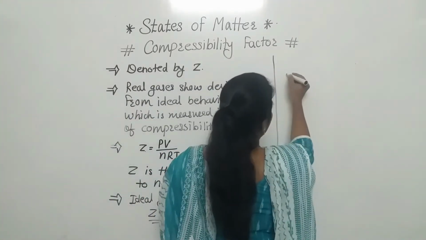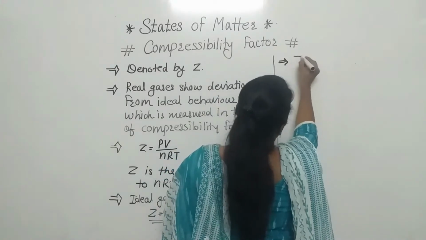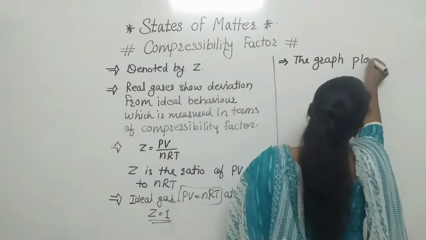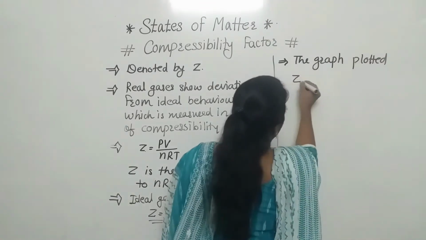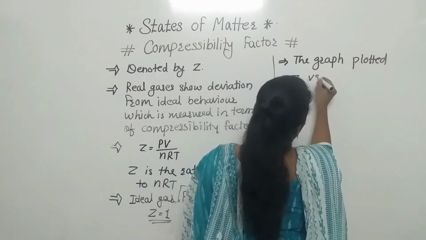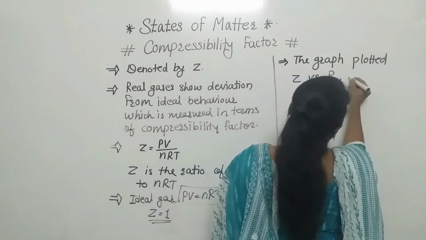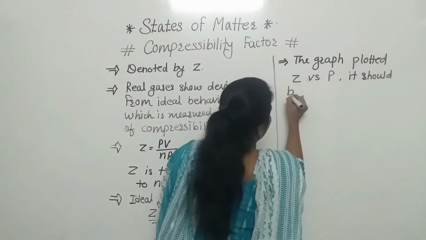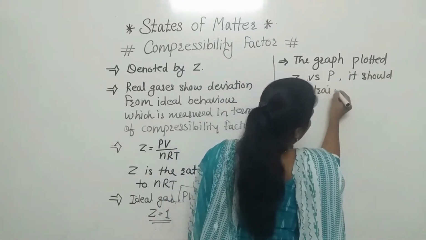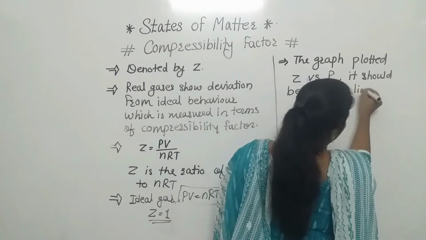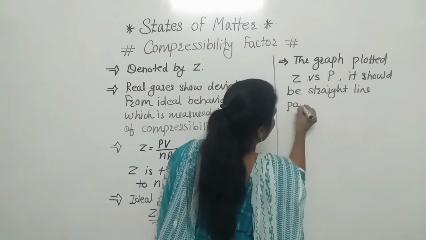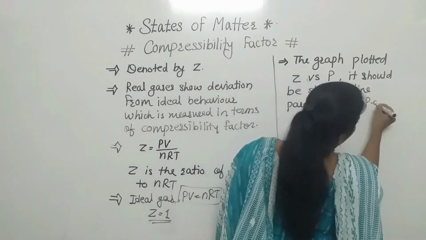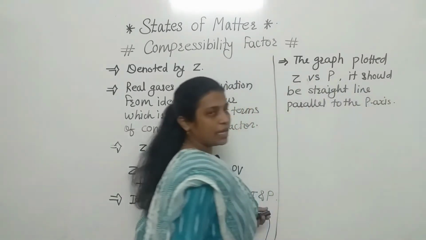Now see here, the graph we are going to plot. If the graph is plotted of Z versus pressure, then it should be a straight line parallel to the pressure axis, or we can say the x axis.